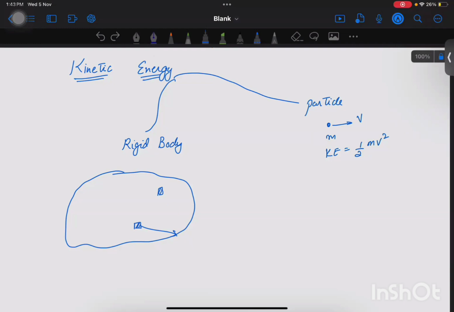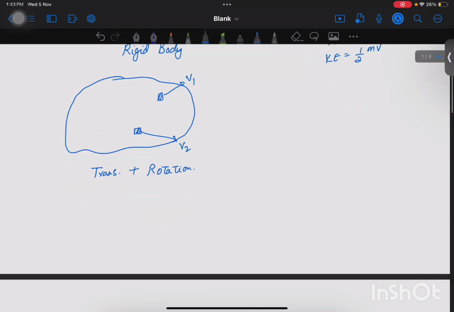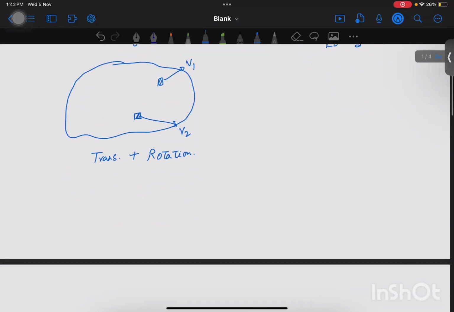In this way, you have many such particles over here, right? Because the rigid body may be translating, it may also be rotating. Translation plus rotation, let us say. So, before we go into the combined translation plus rotation, first we'll just check for rotational objects only.